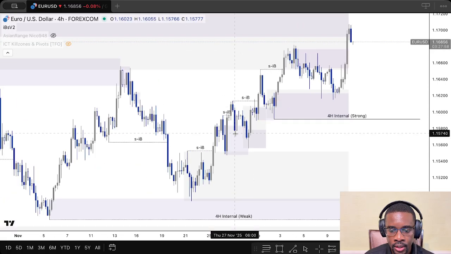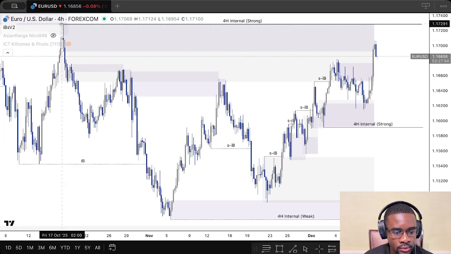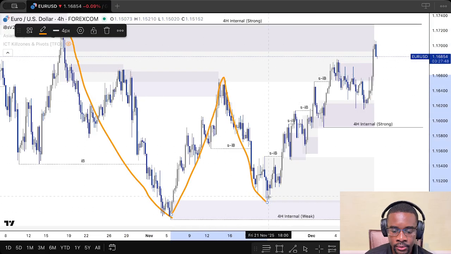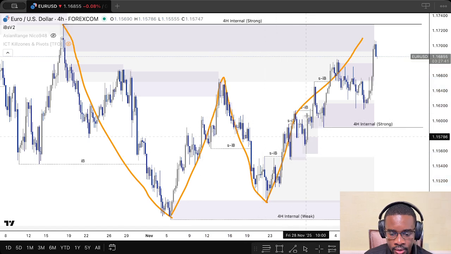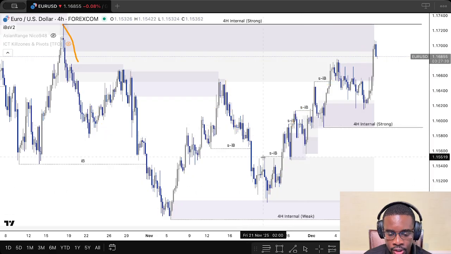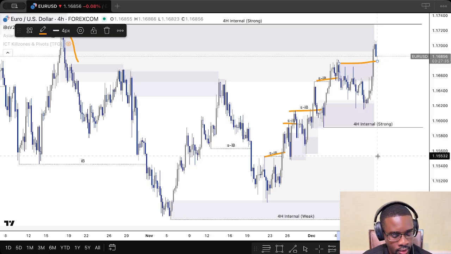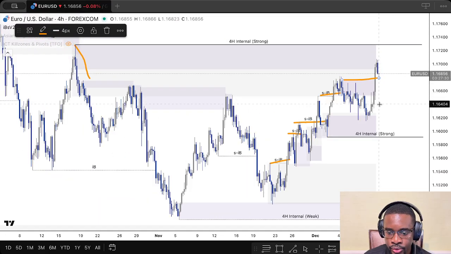And from the 4-hour, our internal, yes, it's bearish, but our sub-internal is pretty much bullish because we're breaking structure to the upside. So the expectation was that price will continue bullish, at least to mitigate this extreme supply.